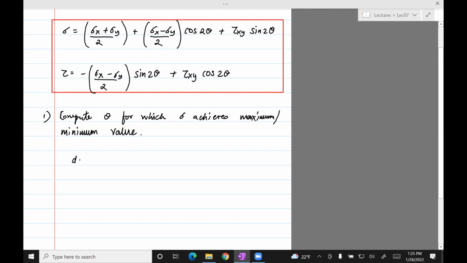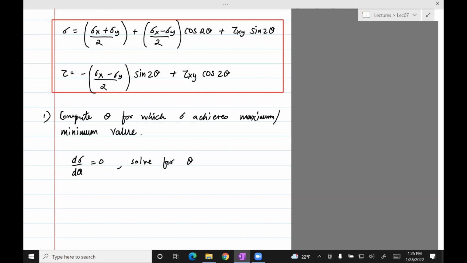So we set d sigma d theta equal to 0 and solve for theta. That theta corresponds to the angle at which sigma will achieve its maximum or minimum value.